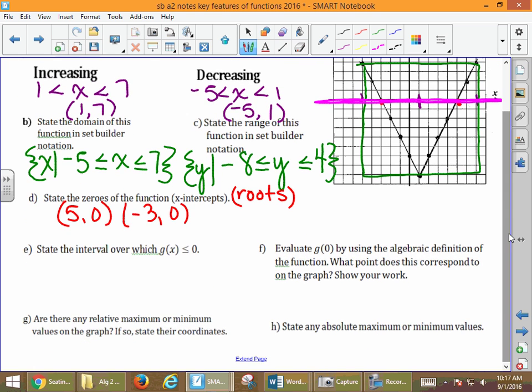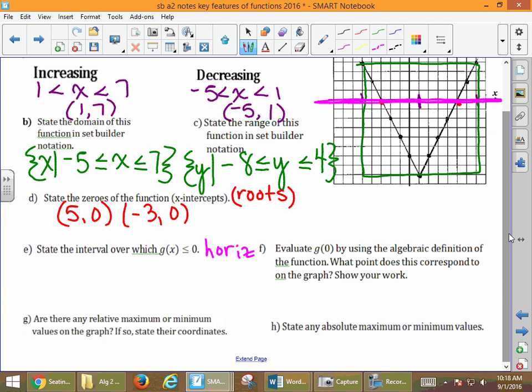It happens to represent a horizontal line. And today we're going to look at less than or equal to, whereas yesterday we looked at greater than or equal to. So we want to look at the interval where the graph is below that light purple line.